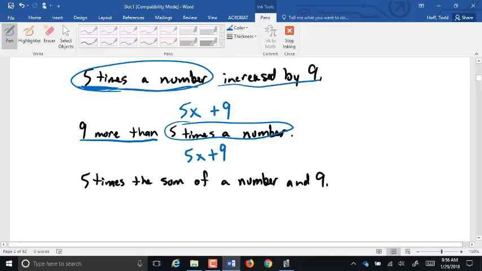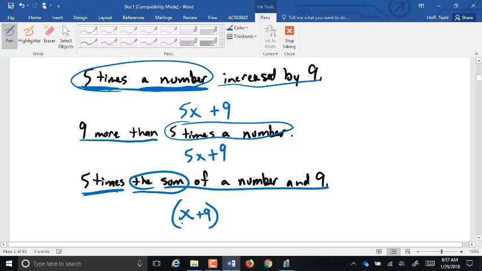This is 5 times a number. This is 5 times the sum, the total. So that's implying that the addition happened first. So the sum of a number and 9 is x plus 9. That happened first. Then it was multiplied by 5. Remember our order of operations from last week? Multiplication happens before addition. So in order to make the addition happen first, we have to put it in parentheses. So the sum happens first, and then it is multiplied by 5.